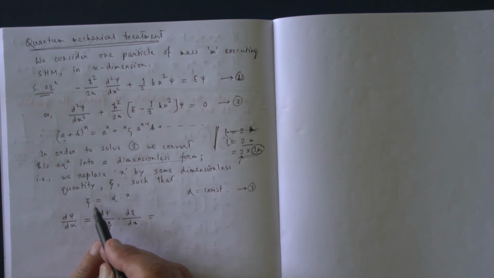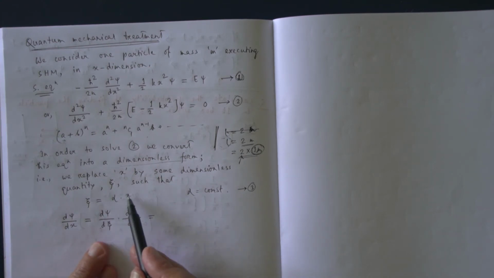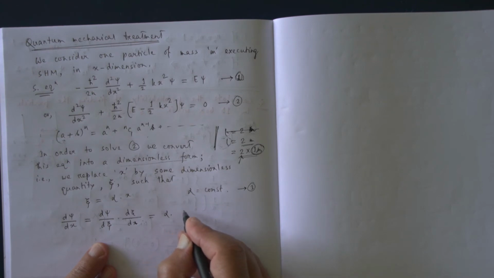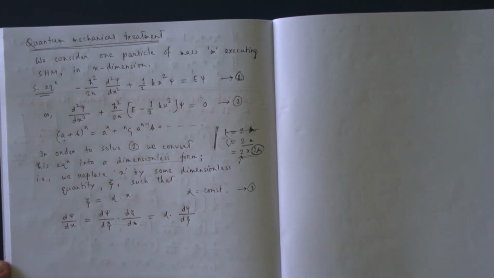Then d psi by dx will be equal to alpha into d psi by d xi.